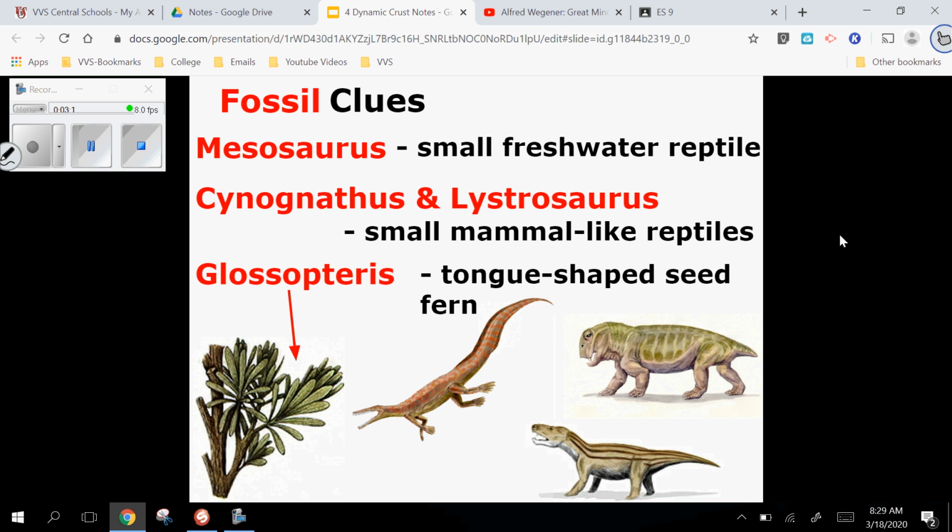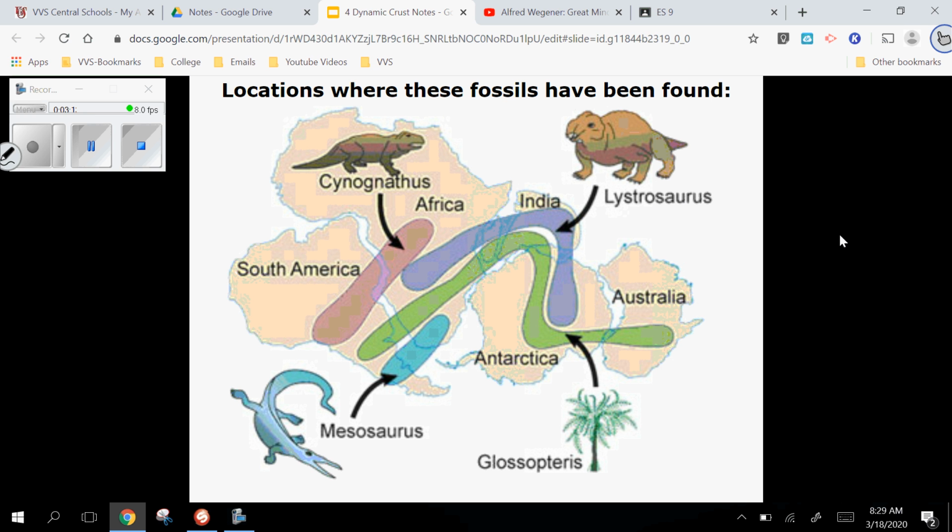Okay? We can kind of see, if we take where we found those fossils, we can manipulate the continents around and they match up. We can get them to match up quite nicely across multiple continents.